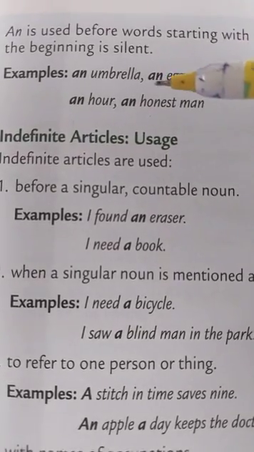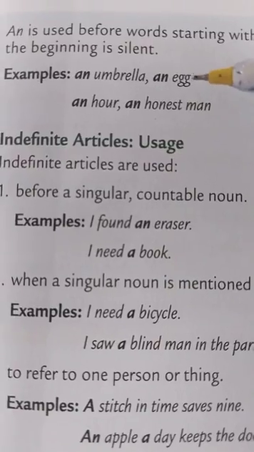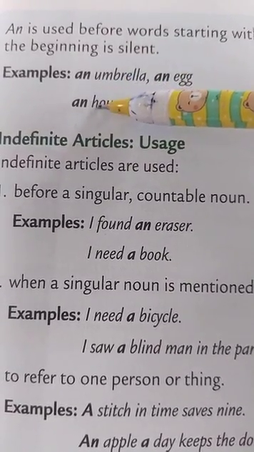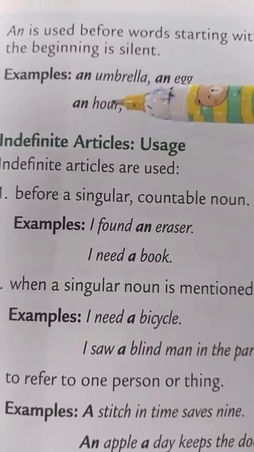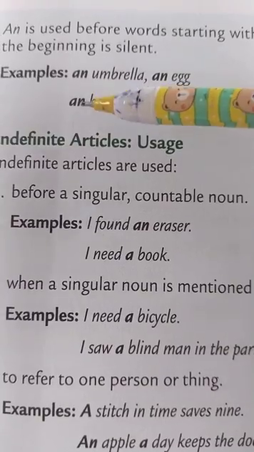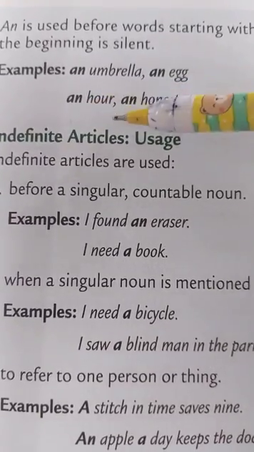For example, an umbrella, an egg, an hour. Now this word hour is beginning with a consonant h, but the sound of it is beginning with a vowel, our. Okay, so we have used article an before it.